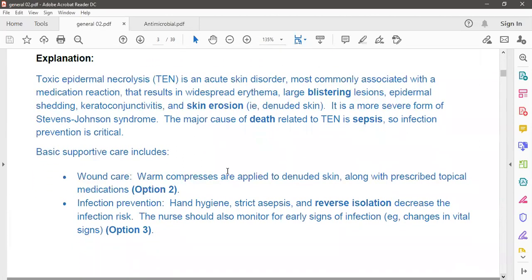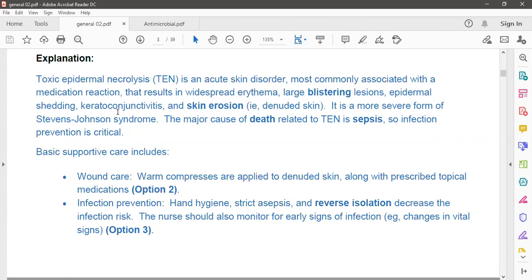So they said toxic epidermal necrolysis, shortly called TEN, another name for Stevens-Johnson syndrome, is an acute skin disorder, most commonly associated with medication reaction. The result is widespread erythema, blisters developing, and epidermal shedding, meaning removal of the epidermal layer of the skin.